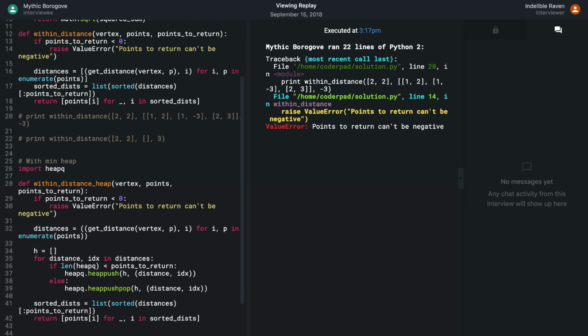So for point in points, we would add to this list the distance and the point itself: get distance and then p.